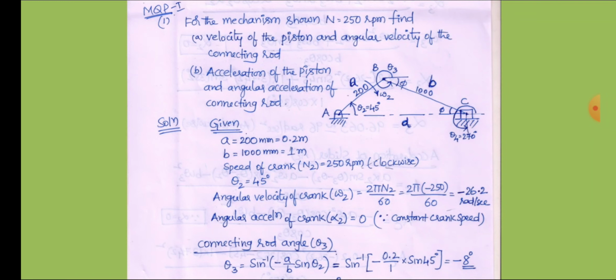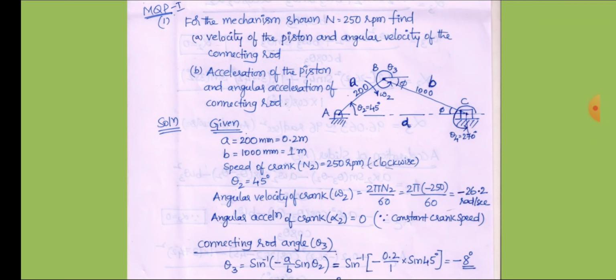Though he has not given it in the statement, you can see in the diagram that the direction of omega 2 is clockwise. Therefore, N2 is equal to 250 rpm, clockwise. One should identify this. And theta 2 in the diagram is equal to 45, so it is plus 45 because it is anti-clockwise.